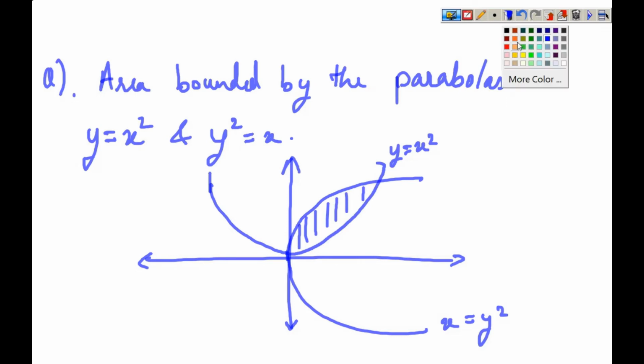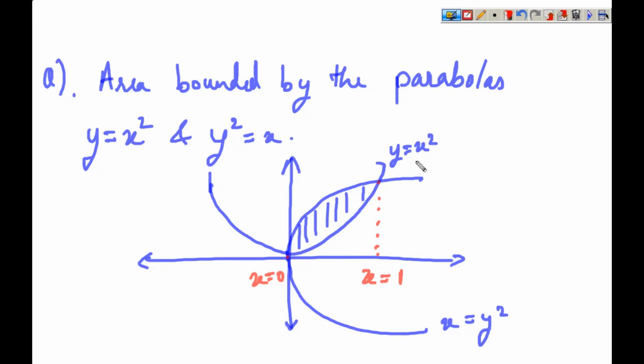So what we can do here, again as I've shown, we can just find the points where they intersect, and x is 1 here and x is 0 here. So we can first find the area under the curve y equals x square, and we'll get the area of this whole part, and then we can subtract the area under this curve.